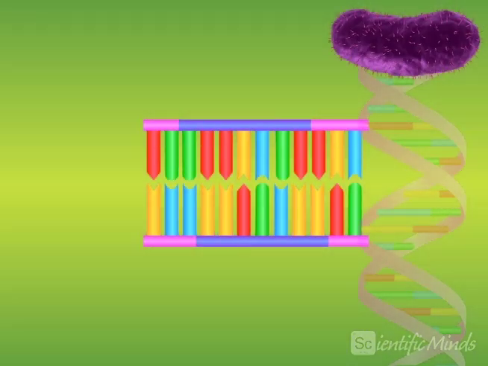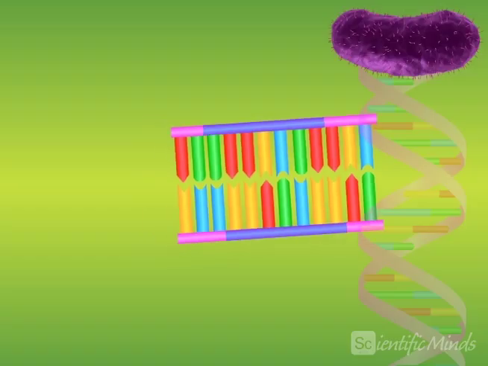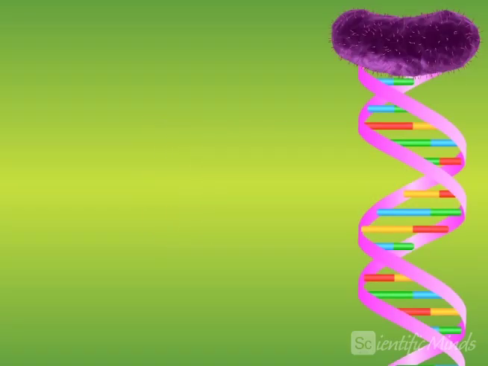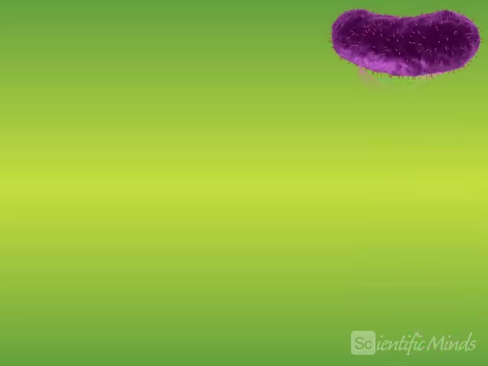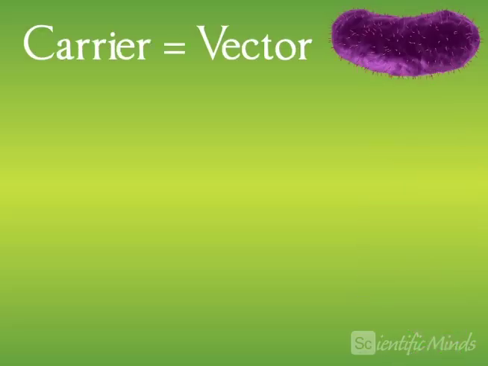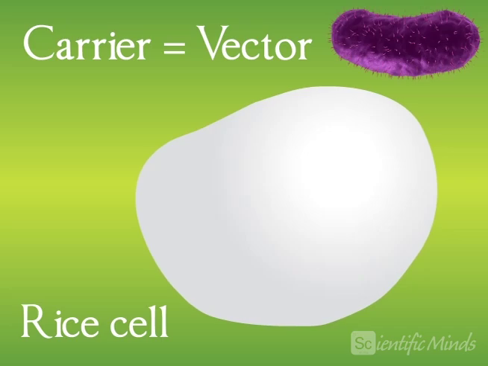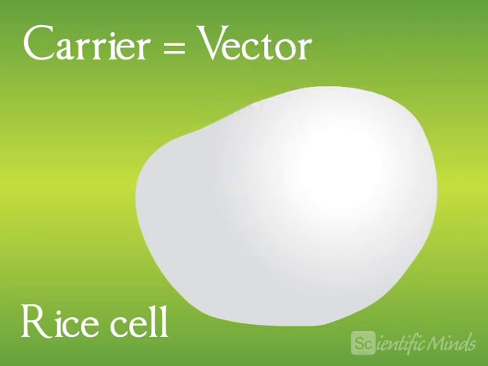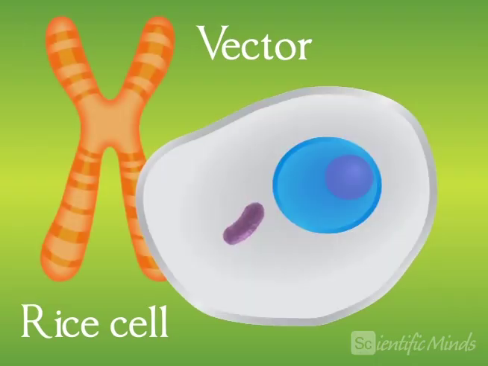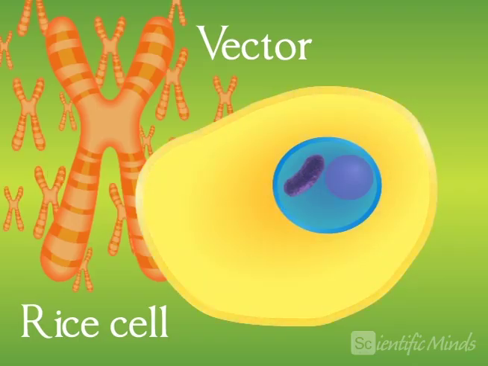The daffodil DNA fragment containing the beta-carotene gene can be recombined in the bacterial DNA. The bacterium serves as a carrier, or vector, and will carry the beta-carotene code into the rice cell. When inserted into the rice cell, the vector that contains the daffodil gene will enter the rice cell's nucleus, and the rice cell will begin to produce and accumulate beta-carotene.